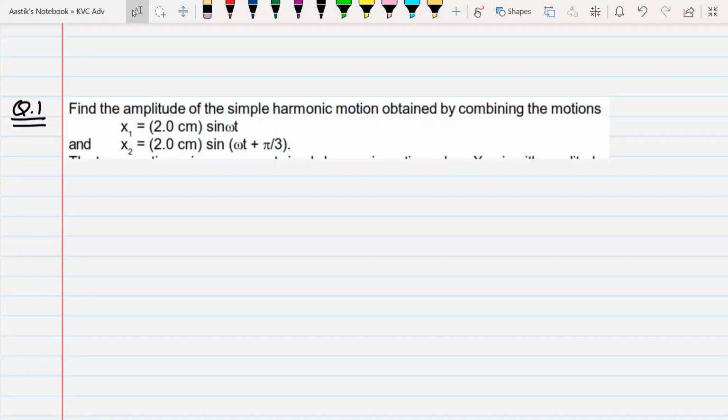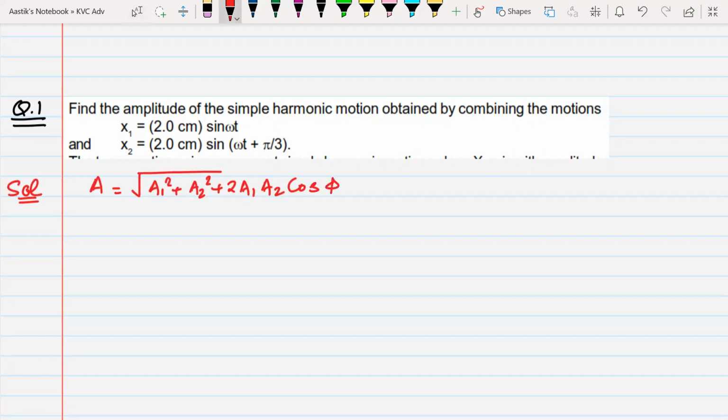So how are you supposed to do this? You just simply have to put the formula, get the answer and stay happy. A is equal to under root of a1 square plus a2 square plus 2 times a1 a2 cos of phi. Both the amplitudes are also same, that is good.